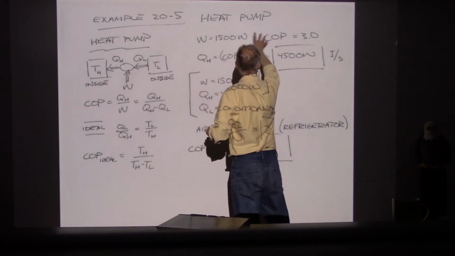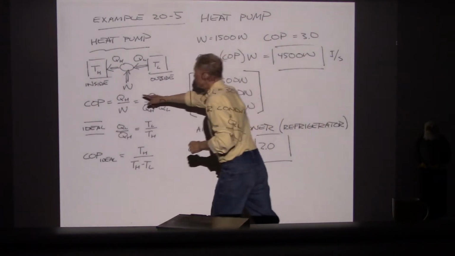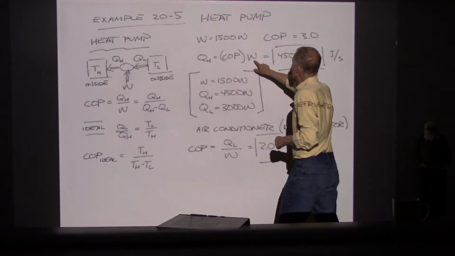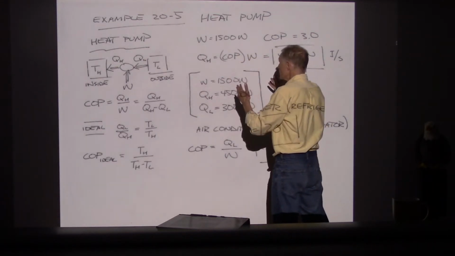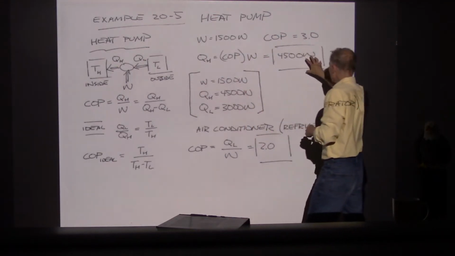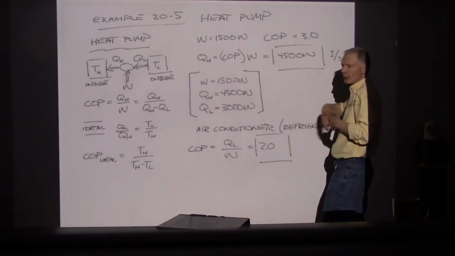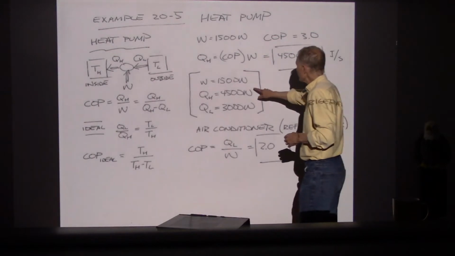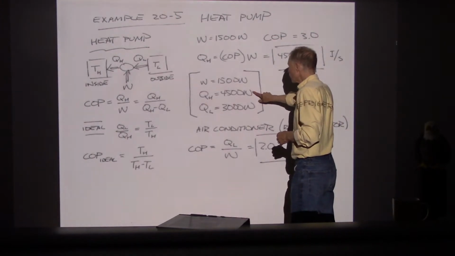So from this formula, I can determine the QH is 1500 watts times 3. The heat that's coming through is 3 times as much. It's like 300% efficient.